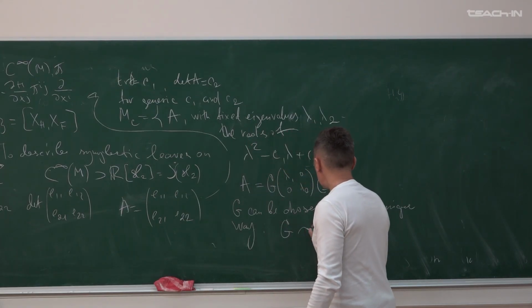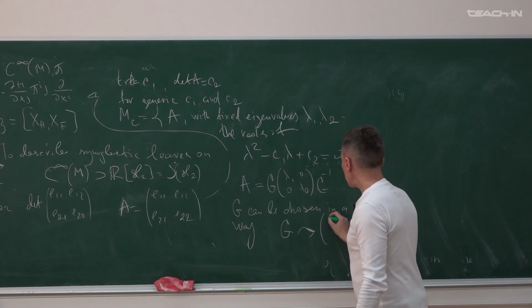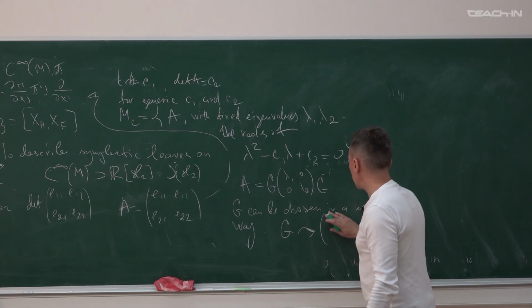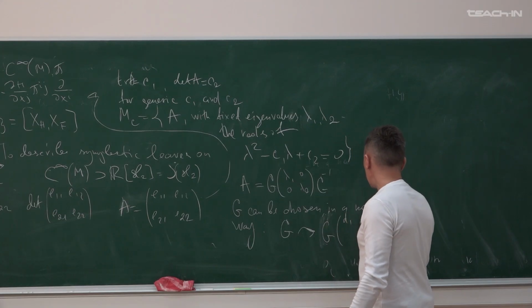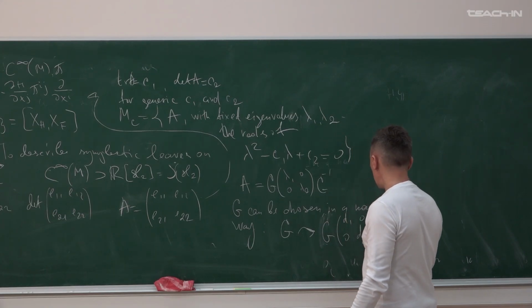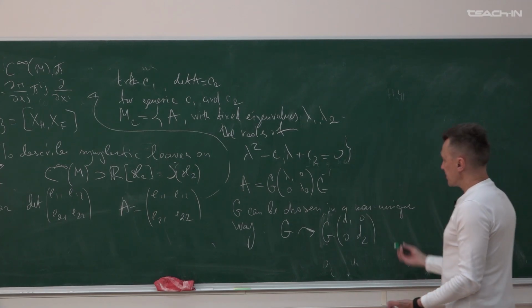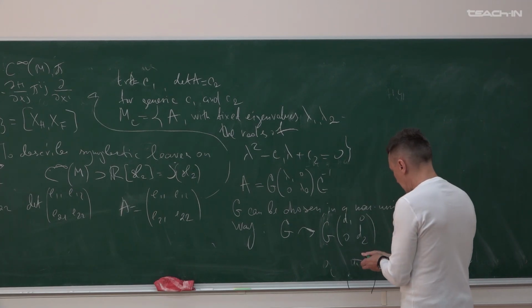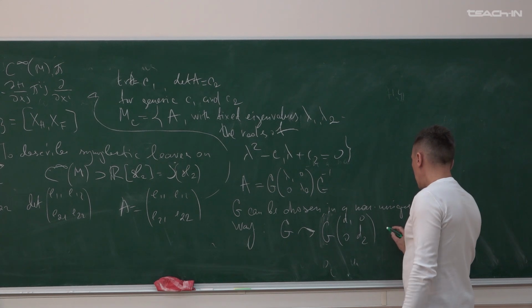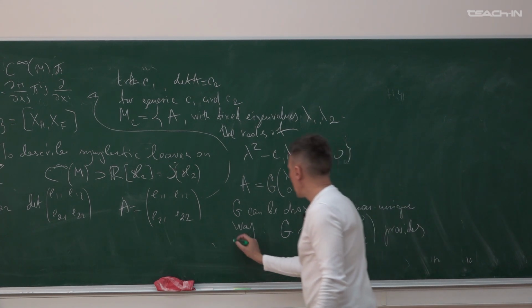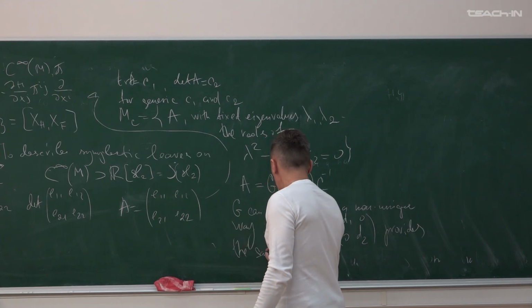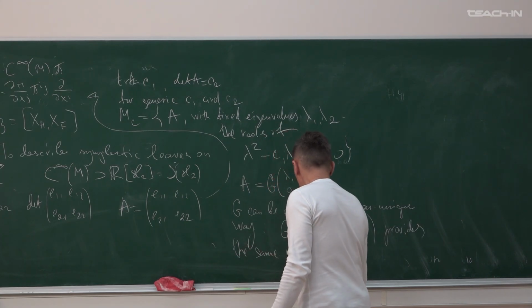G multiplied by some diagonal matrix (d1, d2) gives the same representation.